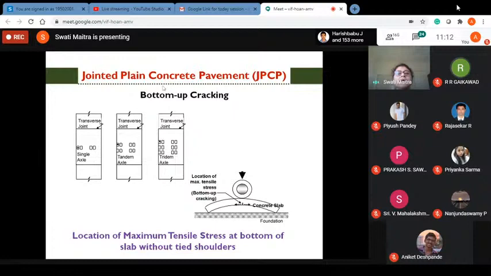So the equation is that the summation of small ni by capital Ni should be less than 1. That means for the top-down cracking case plus the bottom-up cracking case, the cumulative fatigue damage should be less than 1.